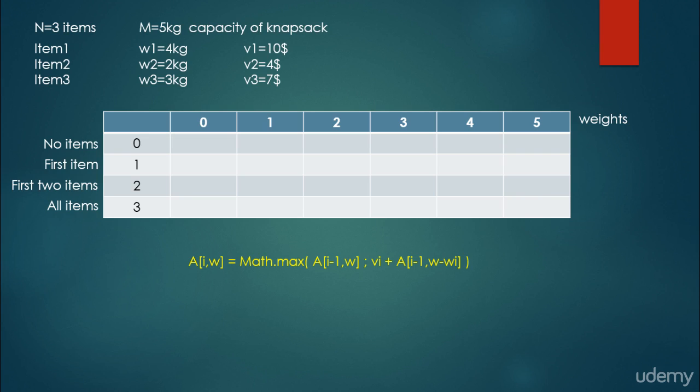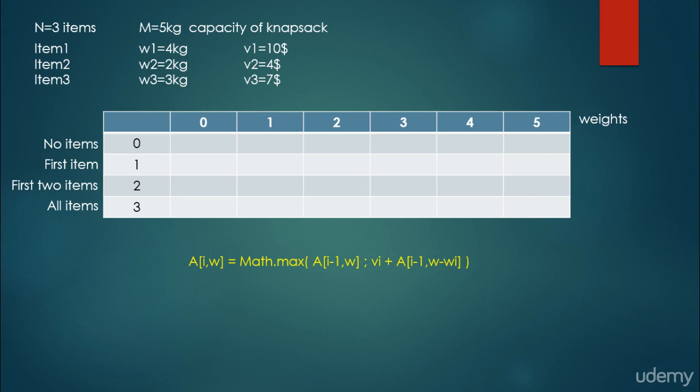And of course, it's worth mentioning the magic formula in yellow: A[i][w] equals math.max of A[i-1][w], which is the situation when we do not take the item with index i, and of course the situation when we take it, so there is a v_i representing the value plus A[i-1][w minus w_i].